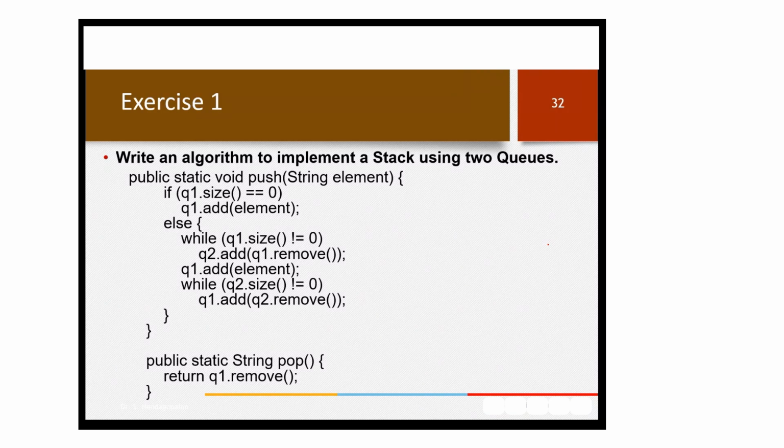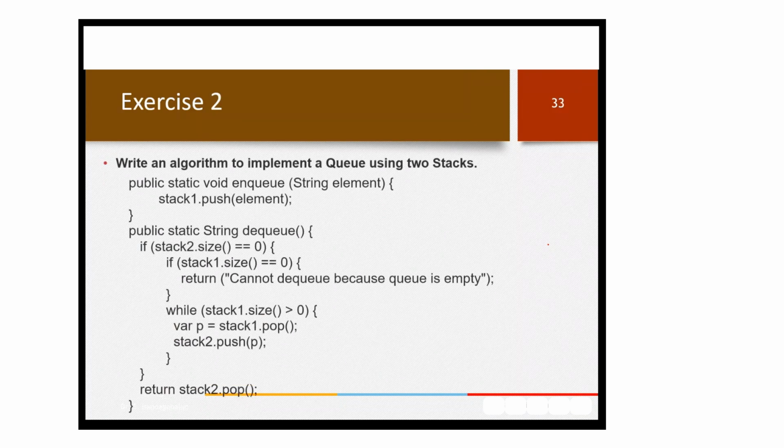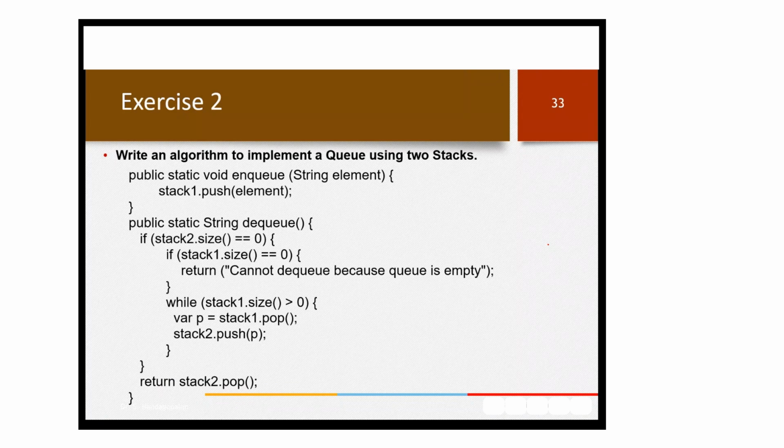So you have to make a lot of modifications, maybe required for your environment, your machine, your operating system, your tool, etc. So you cannot 100% copy and paste your program thinking that it would work. Similarly, the other exercise is implementing a queue using 2 stacks. So implement a stack with 2 queues and implement a queue with 2 stacks.